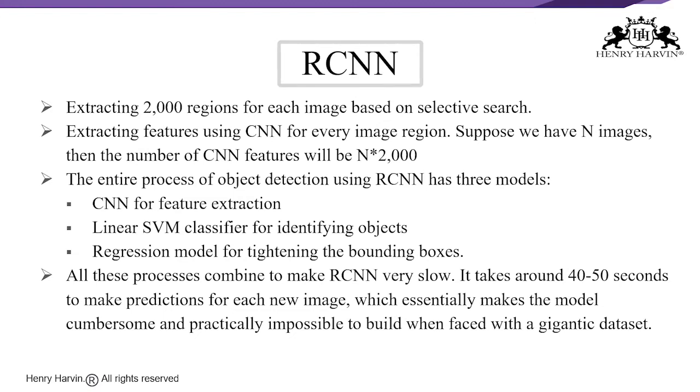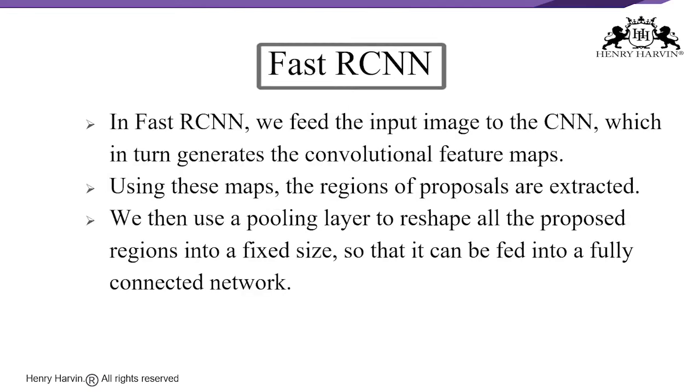So that's the reason, given the limitations we find here, we came up with the next technique, called Fast RCNN, right? We try to reduce the computation time of the RCNN algorithm. Instead of running the CNN 2000 times per image, we can run it just once per image and get all the regions of interest.